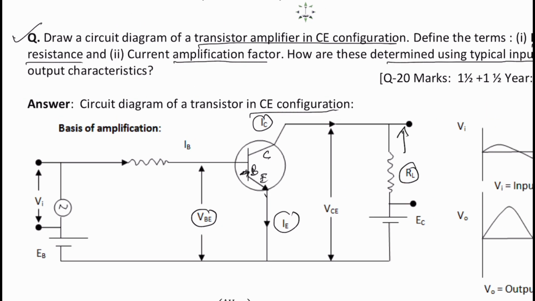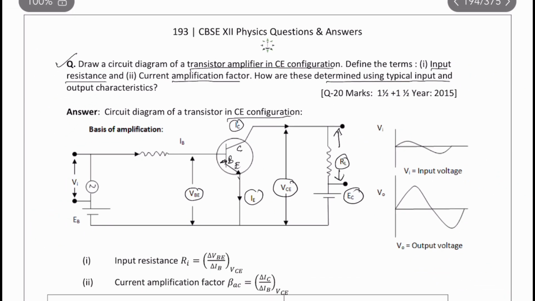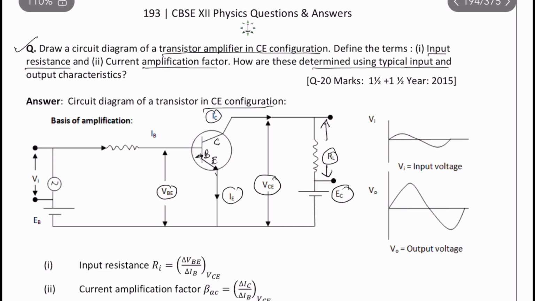Okay, so this is the collector voltage EC, and this is the VCE, the output voltage obtained across the collector and emitter, correct? So the circuit diagram is very easy, and here is the input voltage. The input voltage is less, see the amplitude, correct? This is the input voltage, and this is the output voltage.